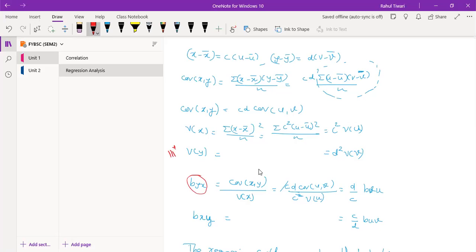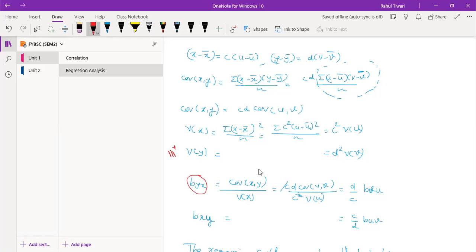Now substitute in byx. What is the formula? Covariance between x and y over variance of x. Substitute these values and if you simplify, you will get d upon c into covariance of u and v upon variance of u. What is this?